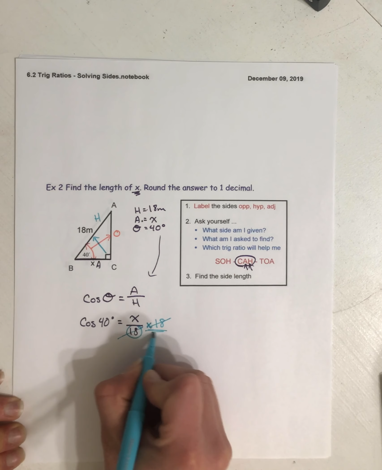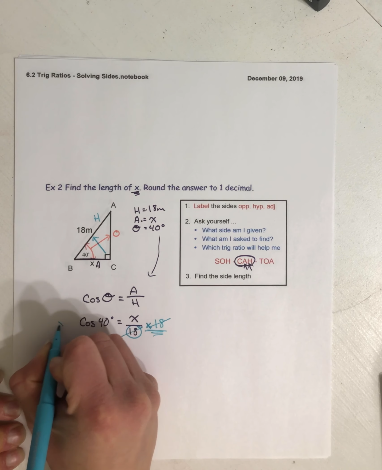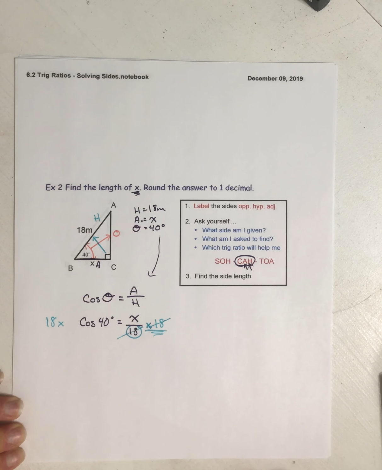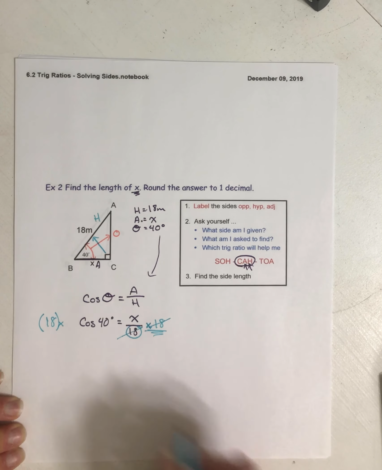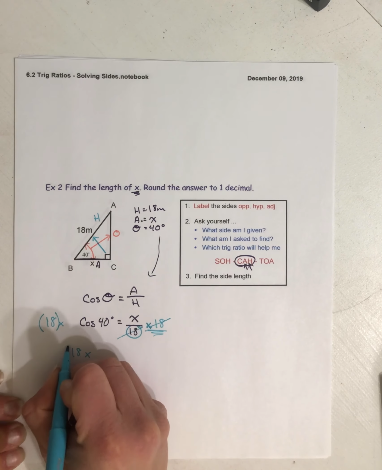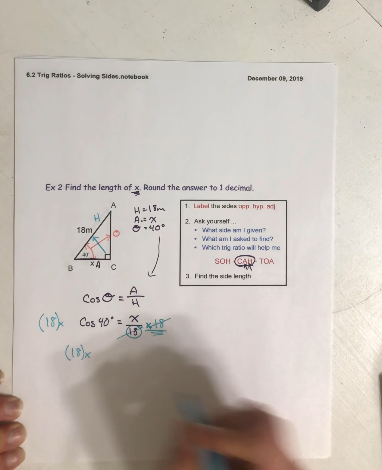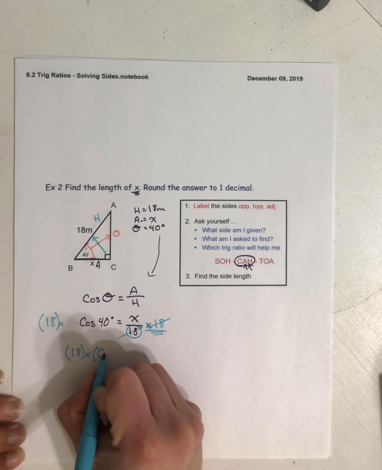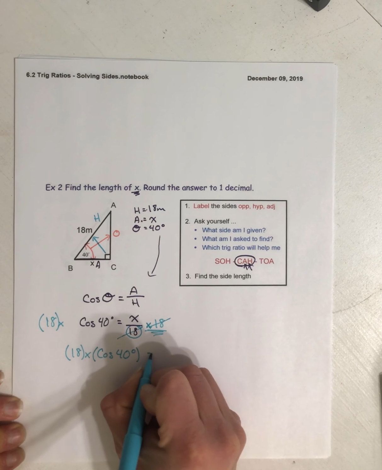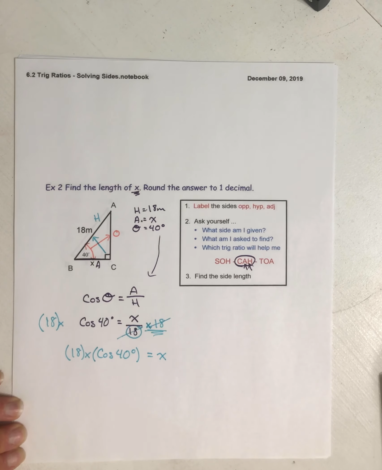But whatever we do to this side, we also have to do to this side. Now I would rewrite this as 18 times, and I like to put things in brackets, cosine 40 degrees equals x.